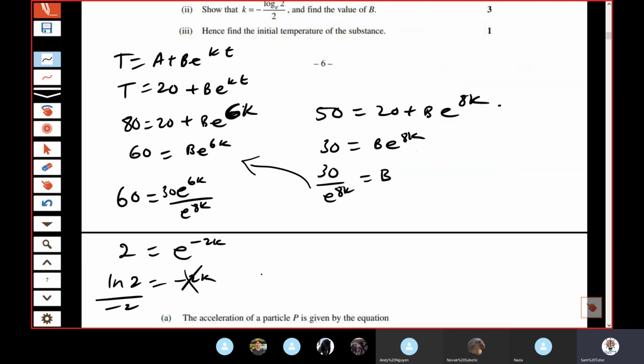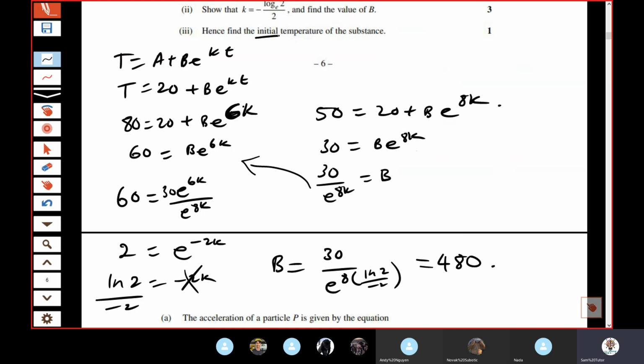And then it just says find B. To find B, you just sub it into here. K is log 2 on negative 2. So e^(log 2 on negative 2 times 8). The answer is 30 divided by that, which is 480.